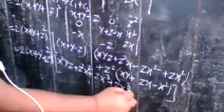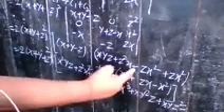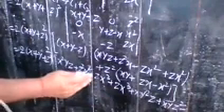And for y you have plus xy square z plus xyz square, and here you have minus.